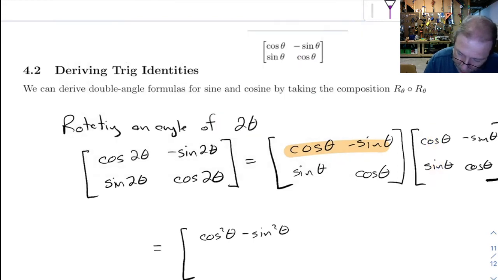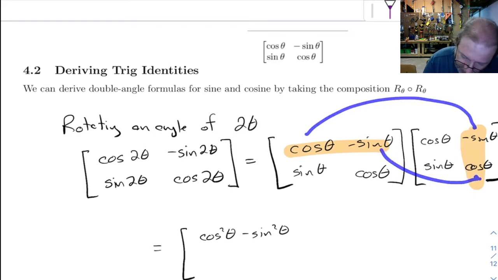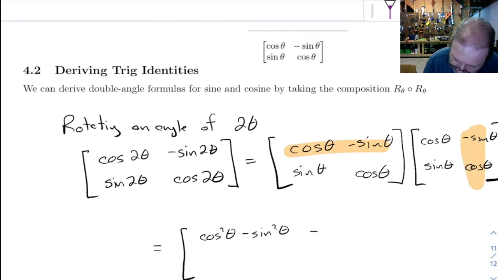When we do this, let's see, it'll give us cosine times negative sine, and cosine times negative sine again. So this is minus 2 sine theta cosine theta.